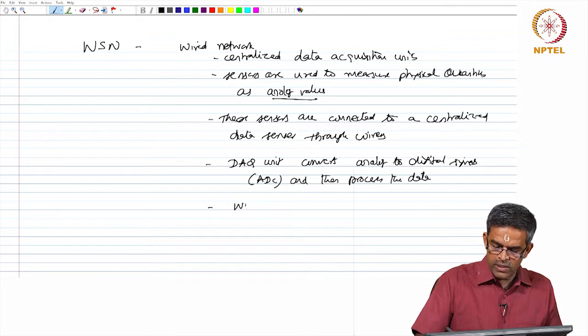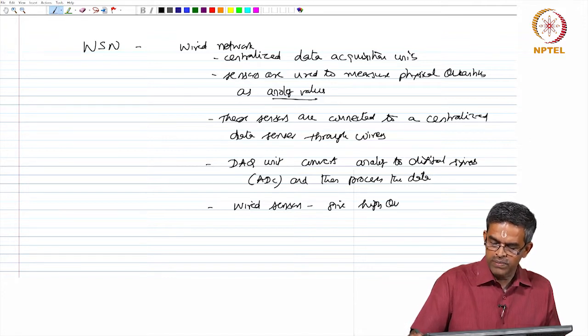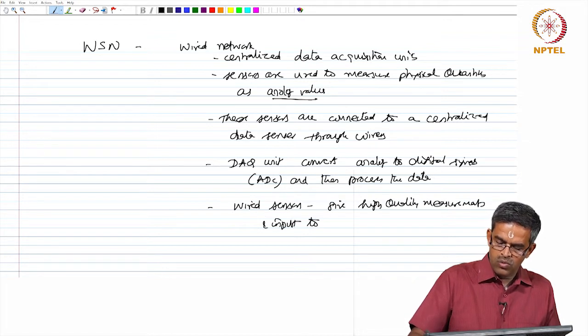Of course, wired sensors are expected to give high quality measurements and input to the SHM scheme.